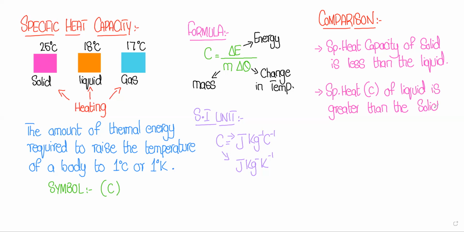If we take the example of water, the specific heat of water is 4200 joules per kg per Kelvin.